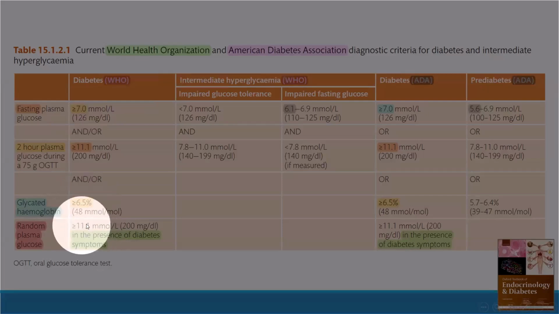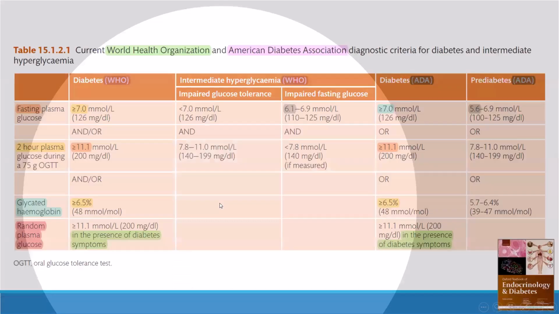Random more than 11.1. The difference is mainly in the normal fasting, 6.1 for the societies and 5.6 in the American Diabetes Association, and the normal hemoglobin A1C, which is 5.7 in the American Diabetes Association and 6 in the NICE recommendation.